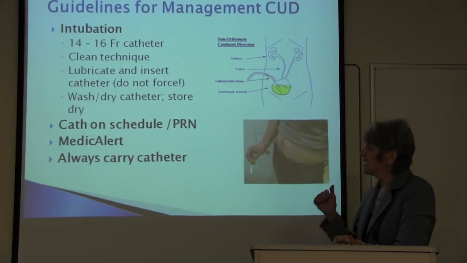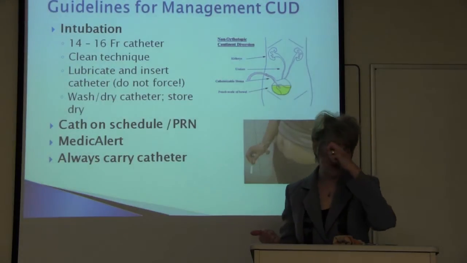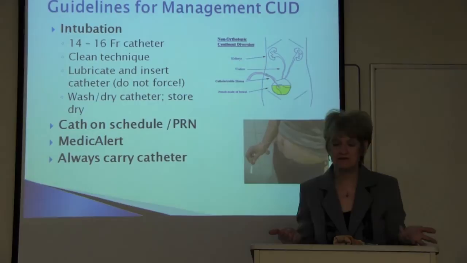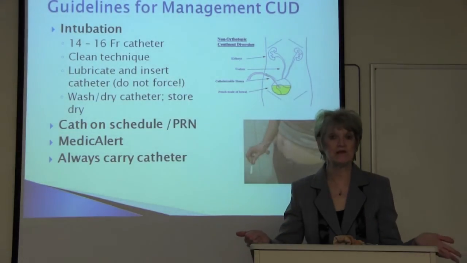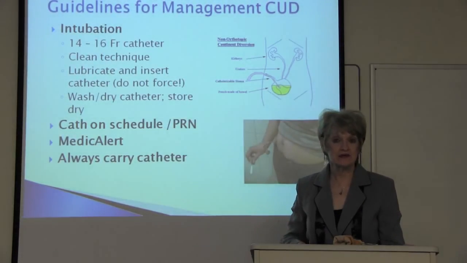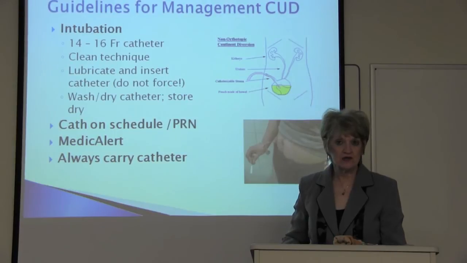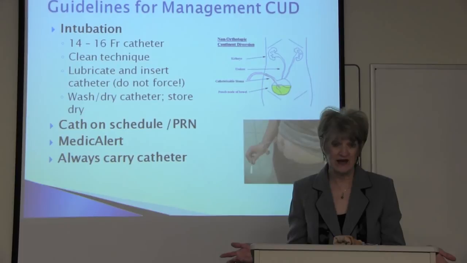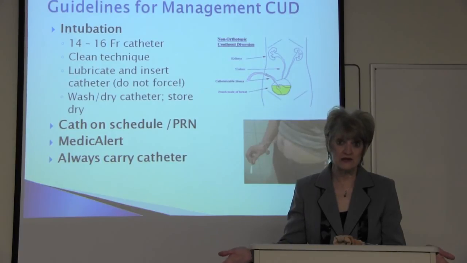They definitely need to have medic alert, because you think what would happen if they were in an accident. They show up in the emergency room. They have this little covering over a small opening on the abdominal wall. Nobody thinks anything about that. Nobody knows what that is. What's one of the first things they do when they bring you into the emergency department if you're a trauma victim and you're unresponsive? They put a catheter in you so that they can monitor urine output, and they start fluids.